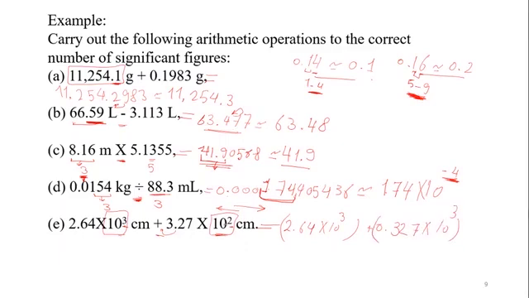Because I moved my point in that direction, I add 1. In that case, the answer would be just adding these 2 numbers, and I will keep my 10 as it is. So 10 to the power 3 is unchanged, and the addition of these 2 numbers is 2.97. I used only 3 numbers because I started with only 3 significant figures.